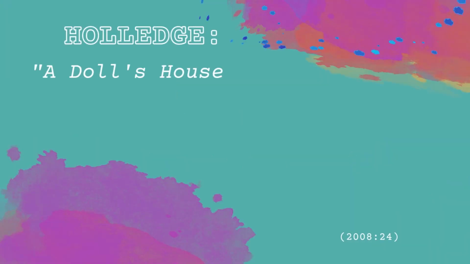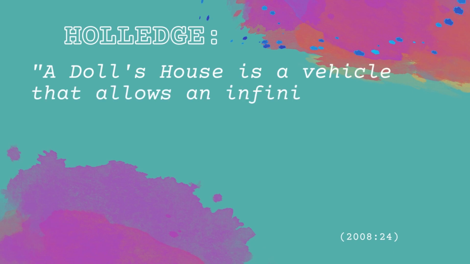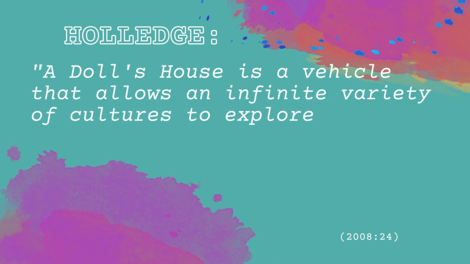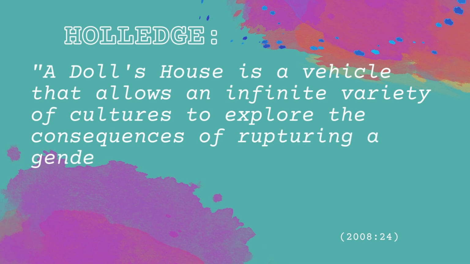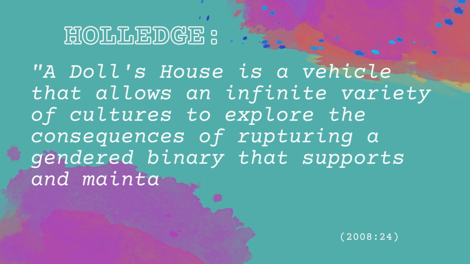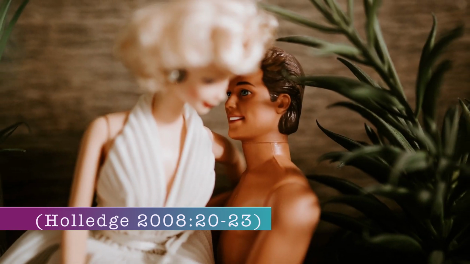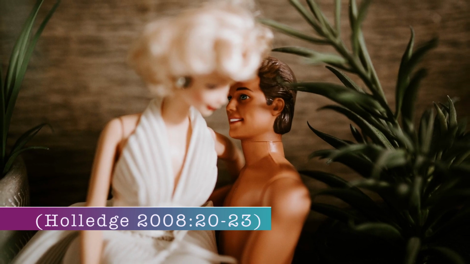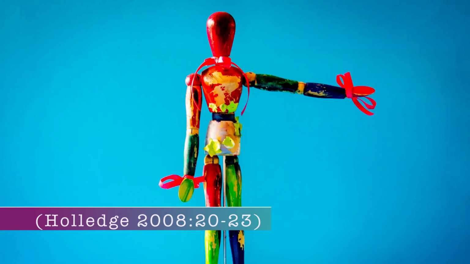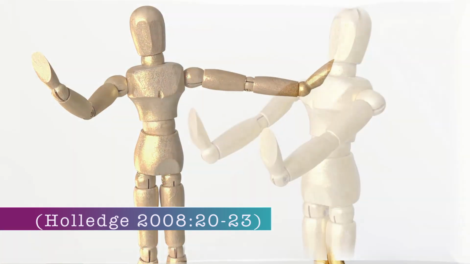Holledge says, "A Doll's House is a vehicle that allows an infinite variety of cultures to explore the consequences of rupturing a gendered binary that supports and maintains an unequal distribution of social power." That gendered binary really is seen in the Tarantella, because Nora, as a female, is using this Tarantella to distract her husband from reading a letter. She uses this to exercise a little bit of control.